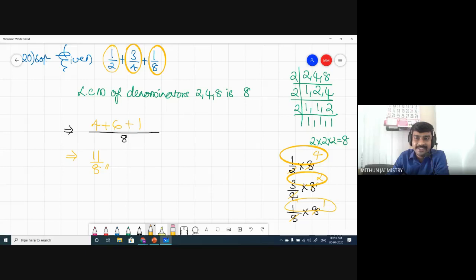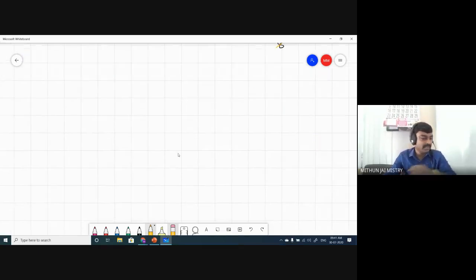So 4 2s are 8. 3 2s are 6, so 6 will come. So please remember, if it is more than 2 terms, then we have to do like this. And if you are having only 2 terms, then you remember denominator 2 into 4, then 1 into 4 plus 3 into 6. Even we have done that also, right? Cross multiplication, right? Okay, now let me move to the next question.